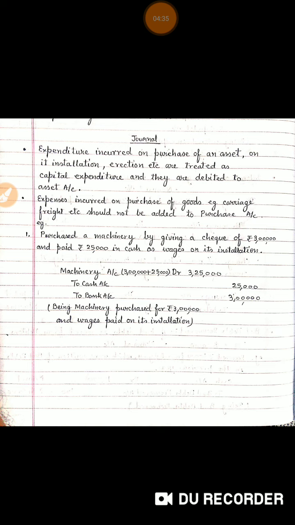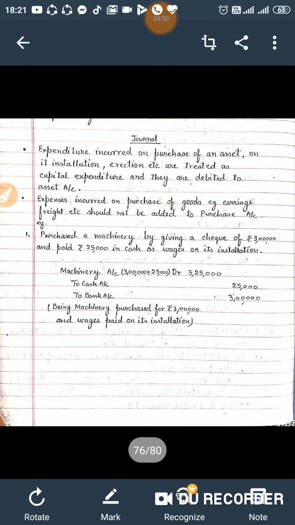Purchase, you know very well, is a revenue expenditure, and any expenses incurred while you are purchasing goods shouldn't be added to the purchase account. They should be recorded in the books of account individually.